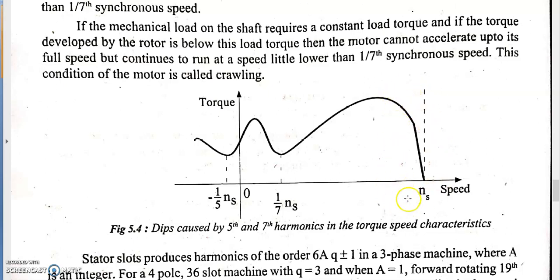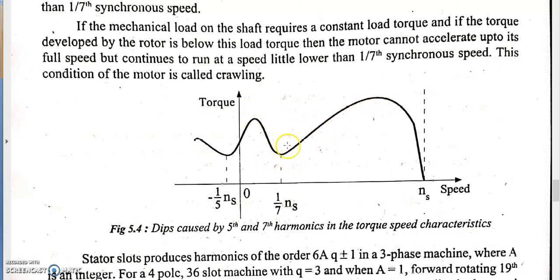So at nearer to the synchronous speed, the motor will be operating in steady state operating condition for fundamental frequency operation. But for the 7th harmonic frequency component, this is actually the steady state operating region. So at nearer to less than 1/7 of the synchronous speed, the steady state operating region occurs. So the motor will operate in a steady state operating region, and further increase in torque will not at all happen in the machine.